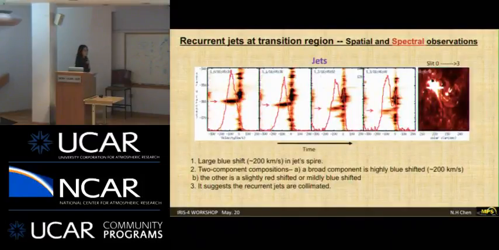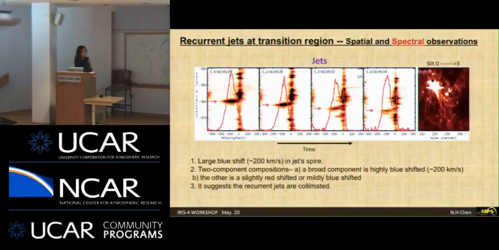First of all, the recurrent jet is quite simple, because I think it's just what we found in the SUMER observation before, that the jet spectra show very large blueshifts, probably about 200.